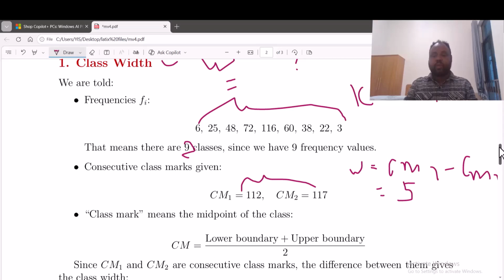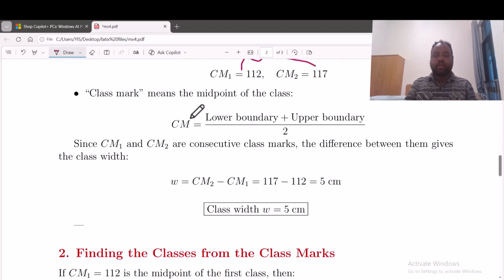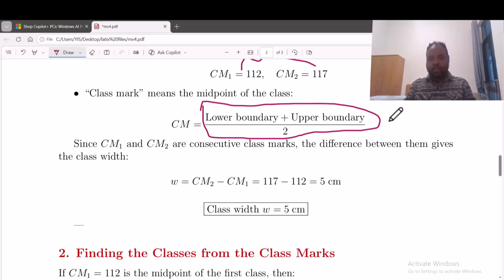We know the formula for the class mark, which is the average of the two limits of a class: the lower class boundary plus the upper class boundary divided by 2, or the lower class limit plus the upper class limit divided by 2, is the class mark or midpoint.